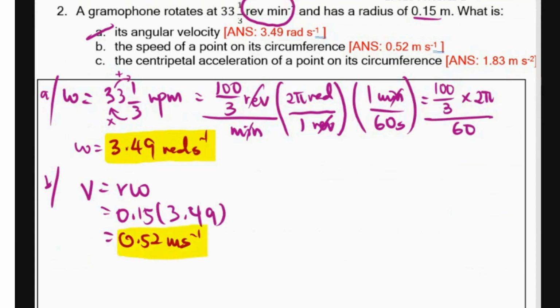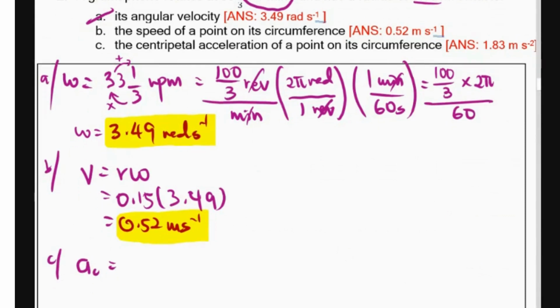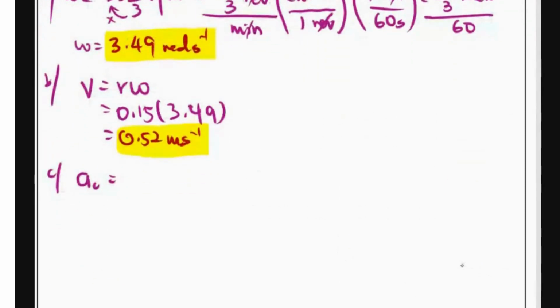And question C is to find the centripetal acceleration. So centripetal acceleration is AC. The formula is AC equal with V squared divided by R. So you just substitute V as 0.52 squared divided by R, which is 0.15.